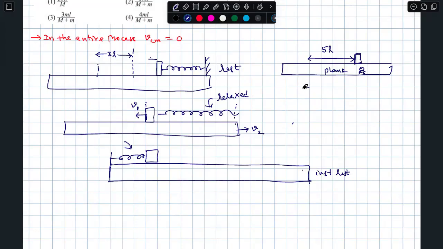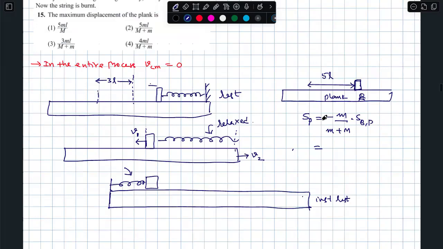So therefore, the displacement of the plank is minus small m by small m plus capital M times the displacement of the block with respect to the plank. By the way, have they given anything related to mass? Yeah, small m, capital M, that's all. Minus small m by small m plus capital M times 5L.